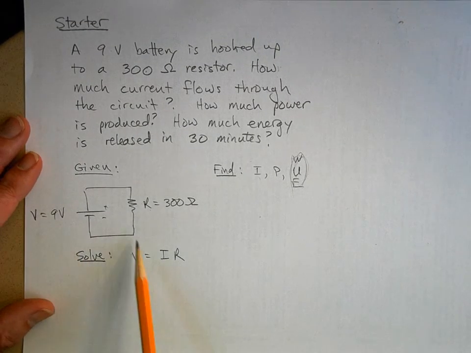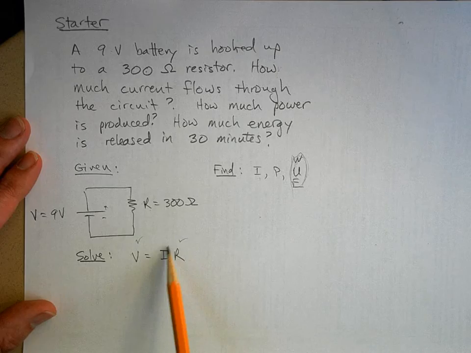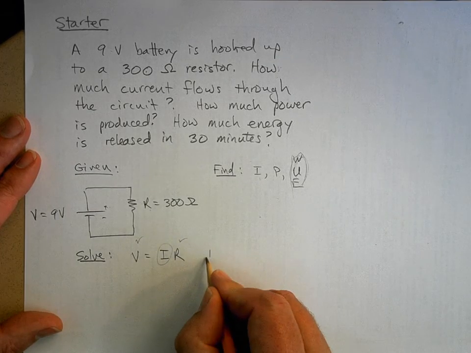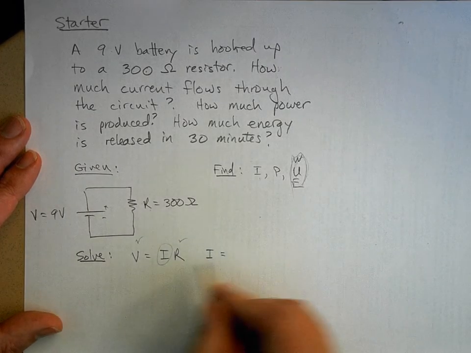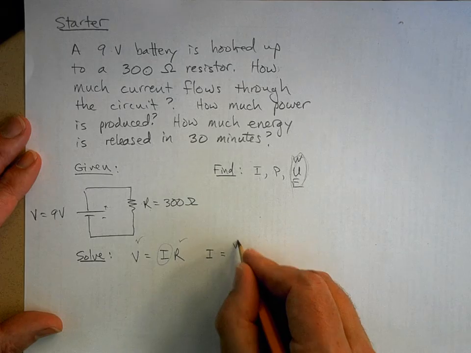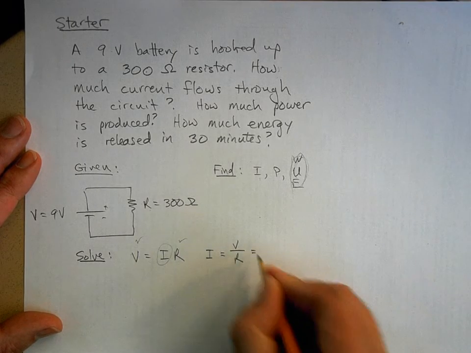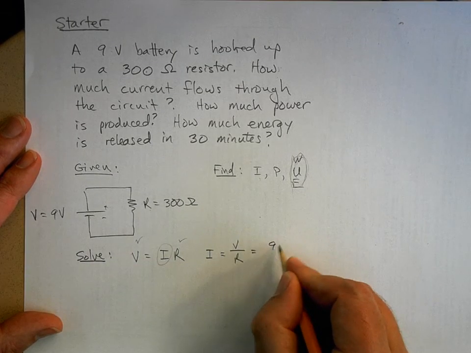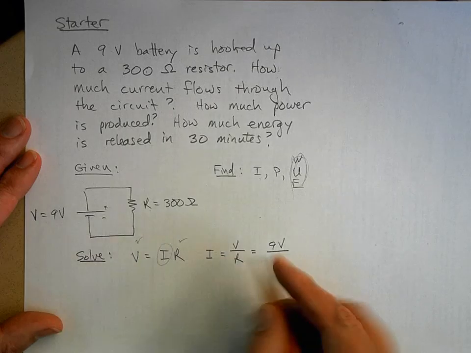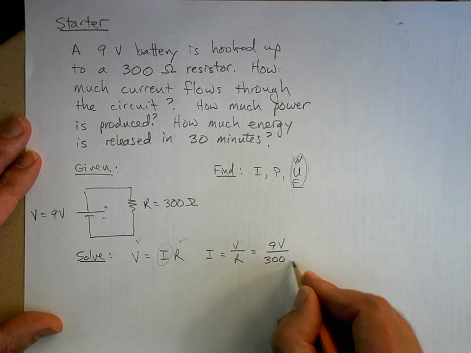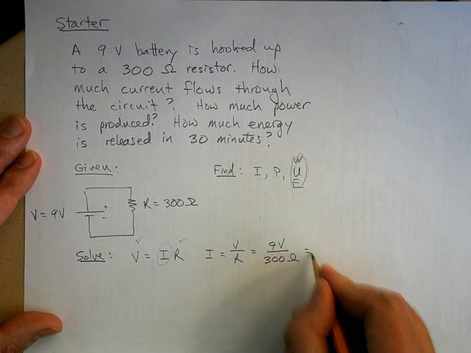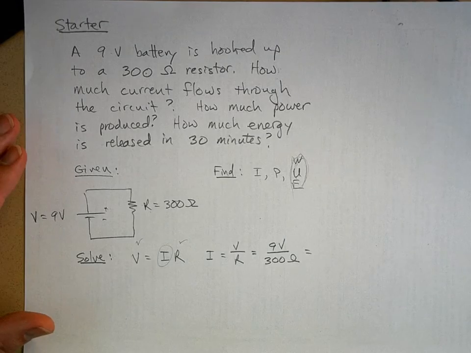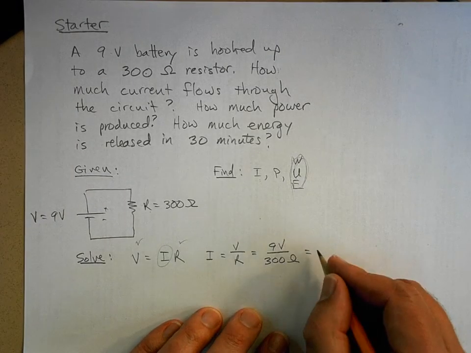And since I know the voltage and I know the resistance, I just need to solve for the current. So the current is equal to V over R. So this will be 9 volts over 300 ohms. So what is 9 divided by 300?